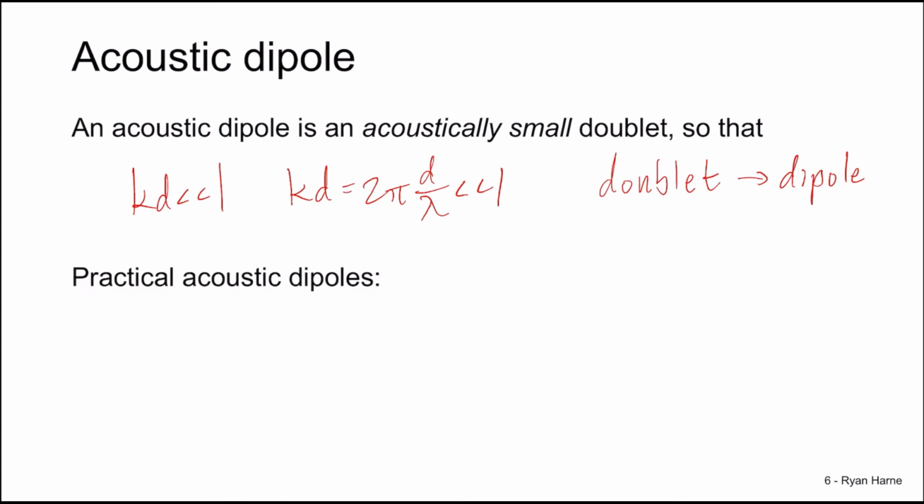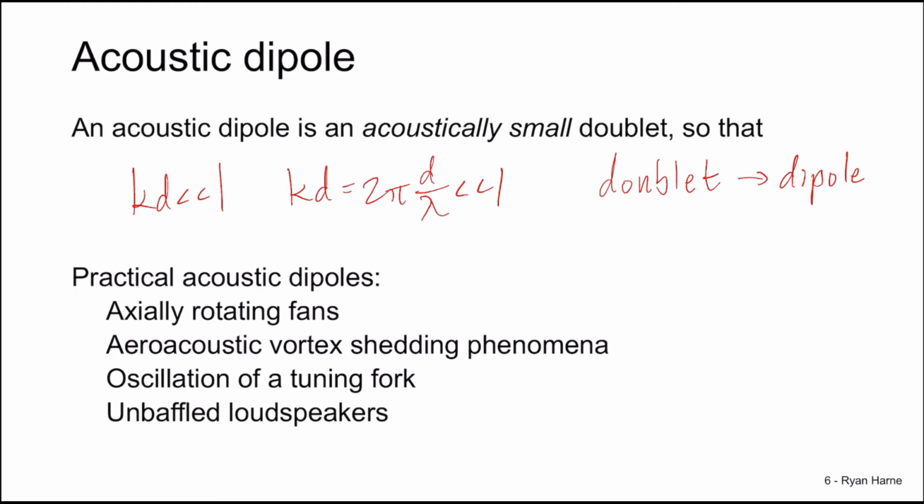There are many practical acoustic dipoles that we experience day to day. Rotating fans, where we have positive pressure and negative pressure on the different sides of the blades. As the blades spin, we have positive pressure on one side, and negative pressure on the back side. This creates a dipole effect, where one side of the source has positive phase, the other negative phase. Air acoustic vortex shedding, especially over spoilers and around A pillars, B pillars, and the sunroof.